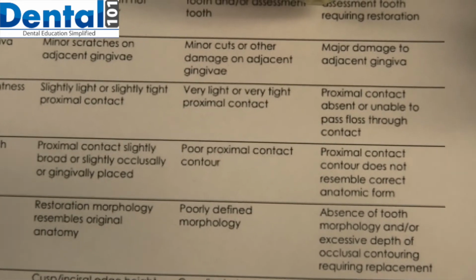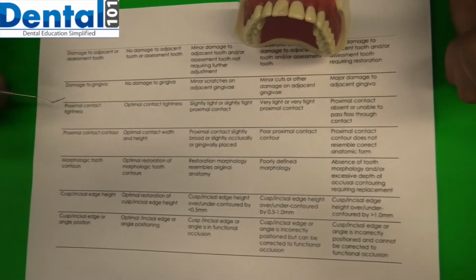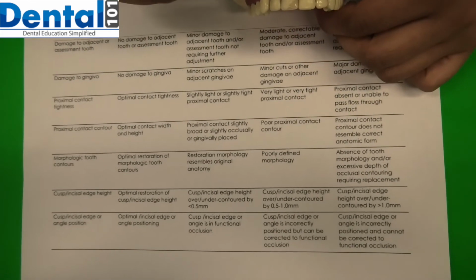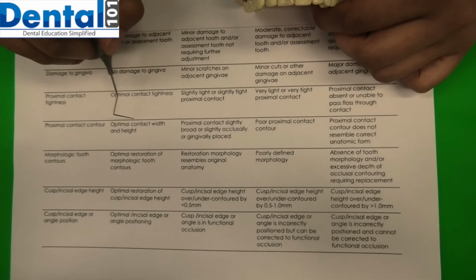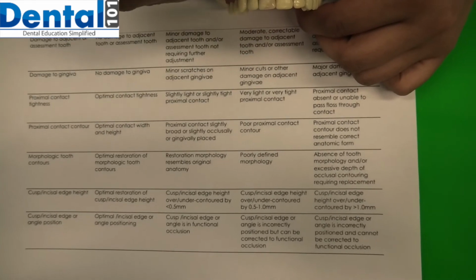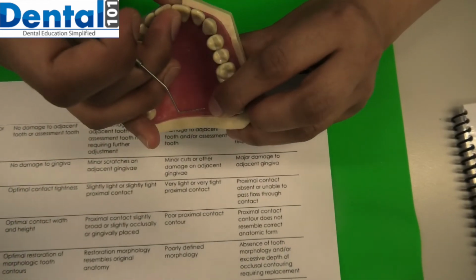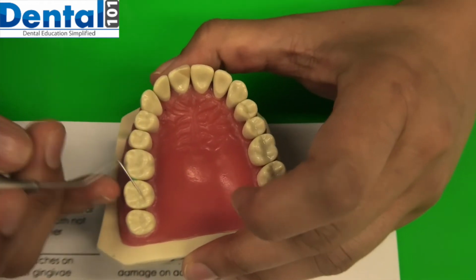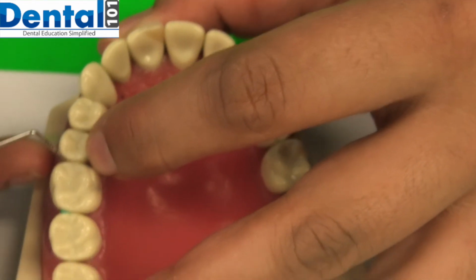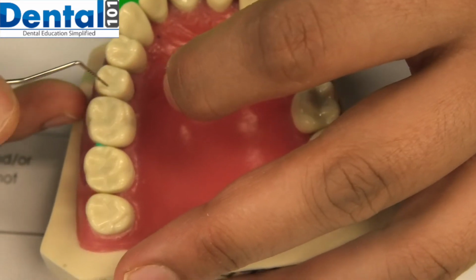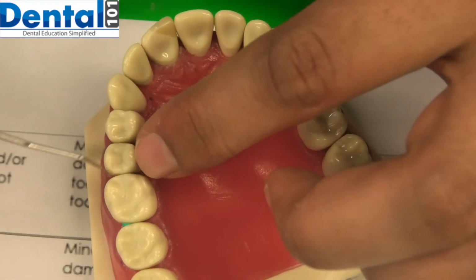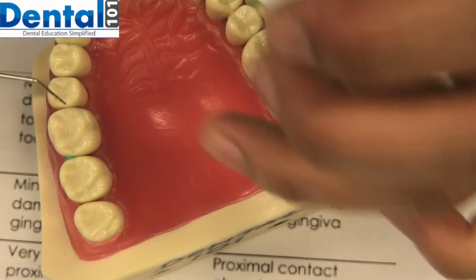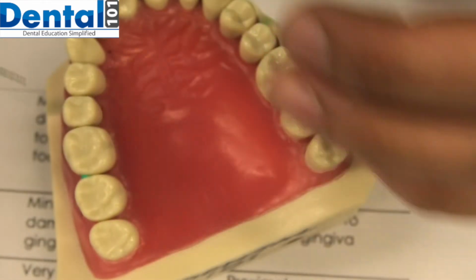So now we move to the next rubric, proximal contact contours. If the contact width and height are optimal, especially the width in back teeth, like this is the natural width in the natural tooth contact, what we need in our restoration.